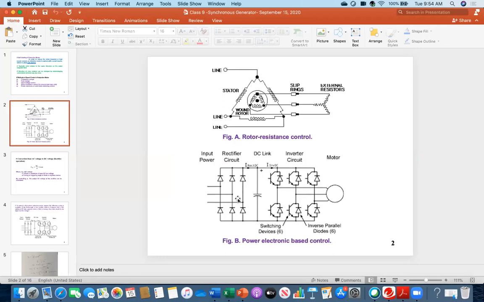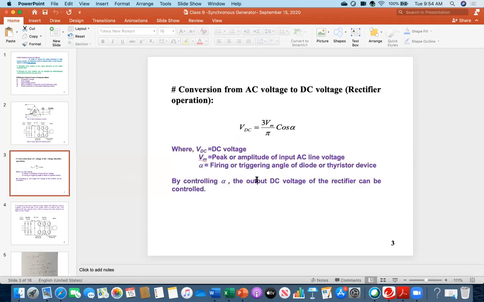From the electronics viewpoint, you all know that every power electronic component has some sort of time delay, which is called the firing angle. Immediately they don't work because those are solid state devices. You must allow some sort of delay. That is the angle alpha. I have written that it is the firing or triggering angle of the diode or thyristor device.